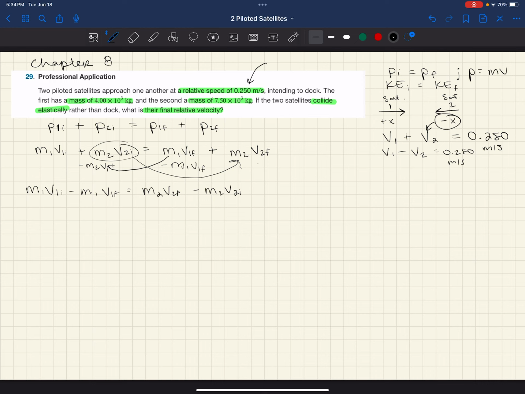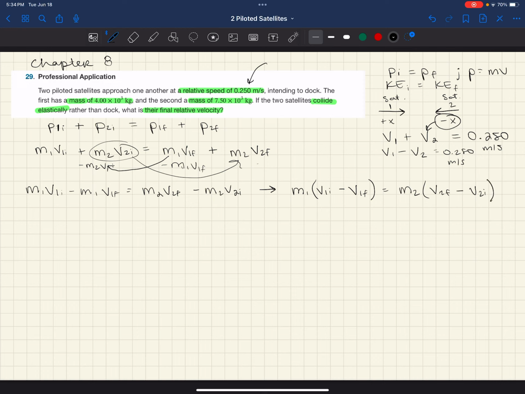And from there, I can simplify just a bit further by pulling out the m terms. So I would have mass 1 times the initial velocity of the first satellite minus the final velocity of the first satellite is equal to m2 times the final velocity of the second satellite minus the initial velocity of the second satellite.